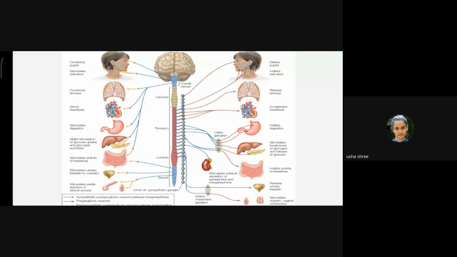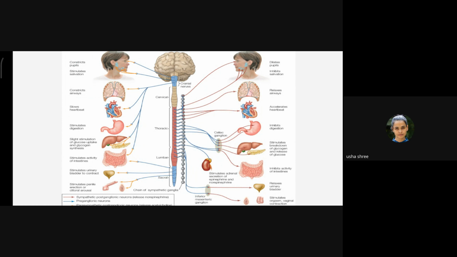Ganglions are the bulging structures shown in this picture as gray color.